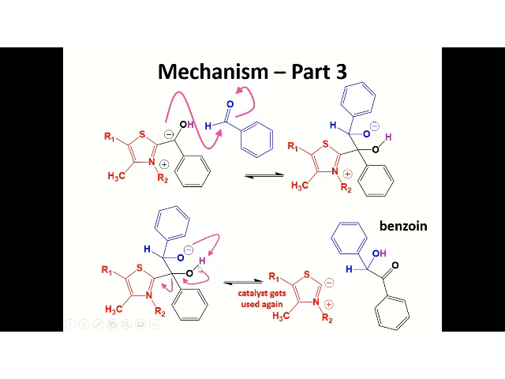Here it shows how the negative charge is going to be transferred to the oxygen by removing the proton from this alcohol and generating a new alcohol group and forming a ketone.